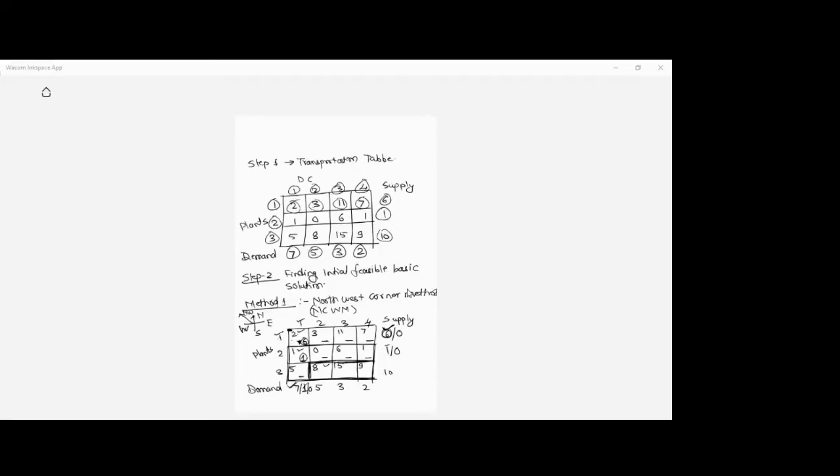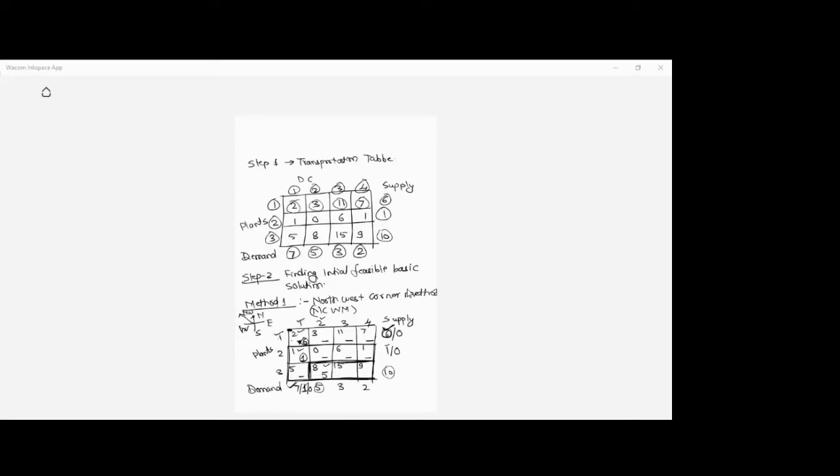Distribution center 2 demands 5 million liters of milk, and again plant number 3 is able to supply 10 million liters of milk. So the maximum value that I can allocate is 5 here.